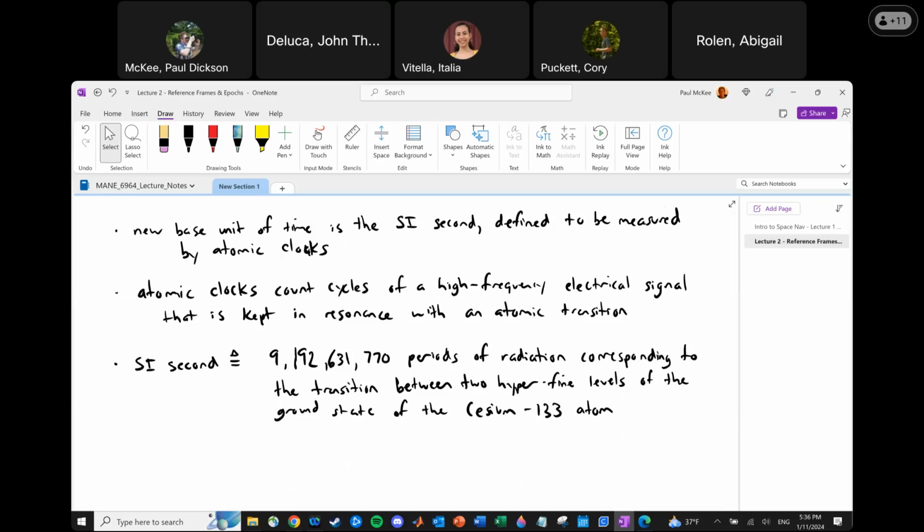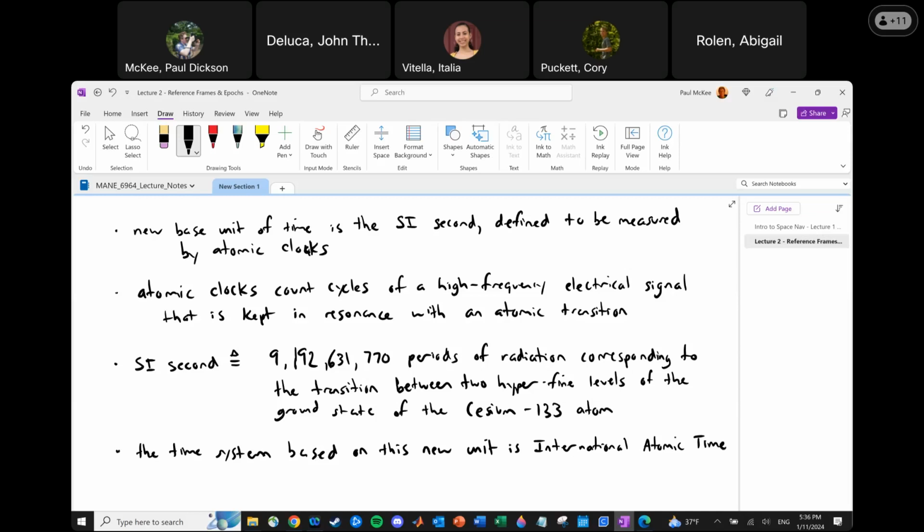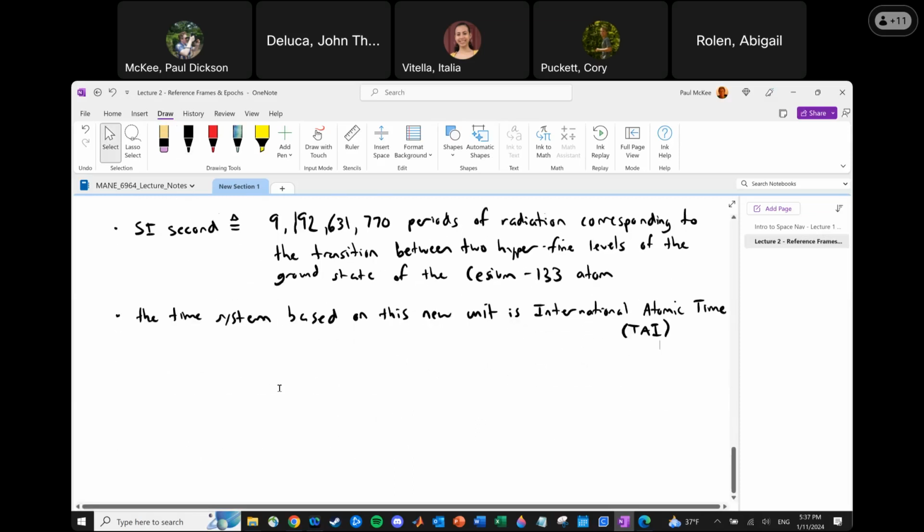So the time system based on this new unit is International Atomic Time, which is abbreviated as TAI because it's French, so it's backwards.